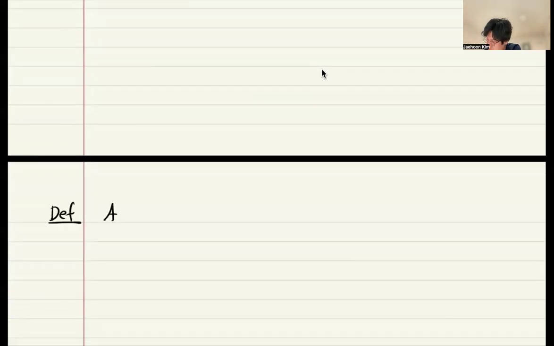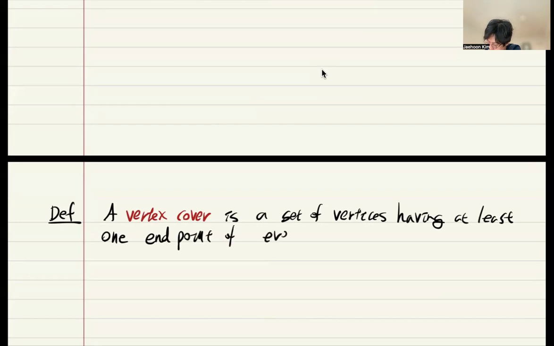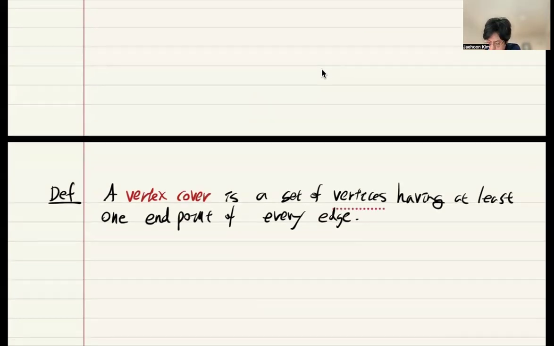So we define a vertex cover as a set of vertices having at least one endpoint of every edge. So we want to find the set of vertices which are incident with every edge.